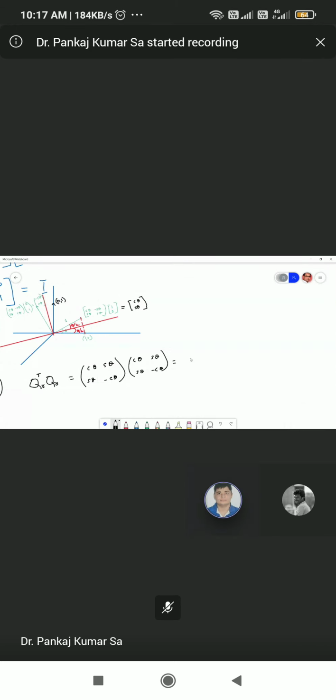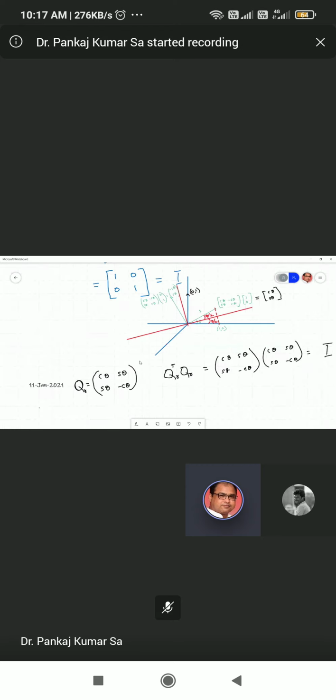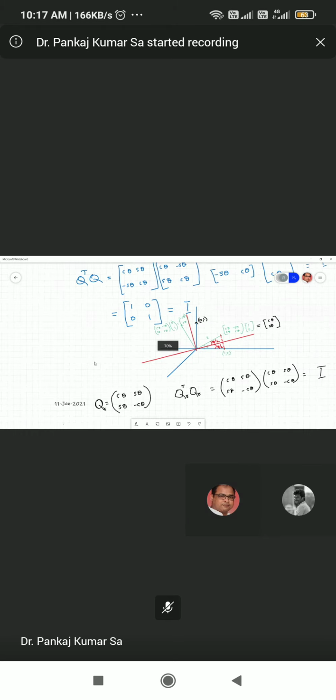That is equal to I. So one thing for sure, whether I write QR or Q, both are orthogonal matrices.